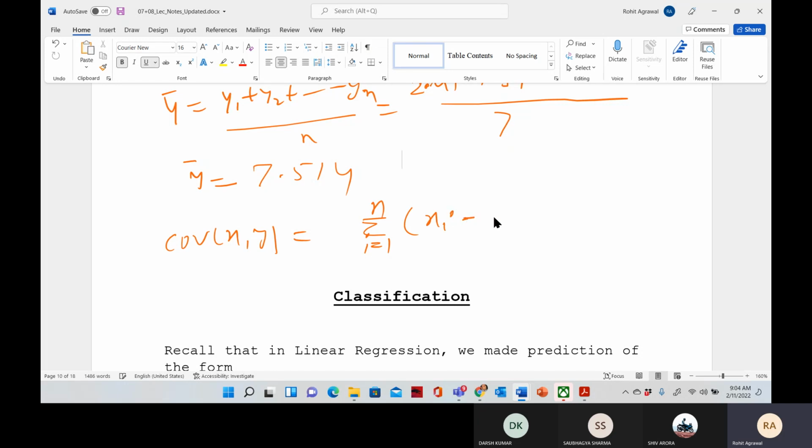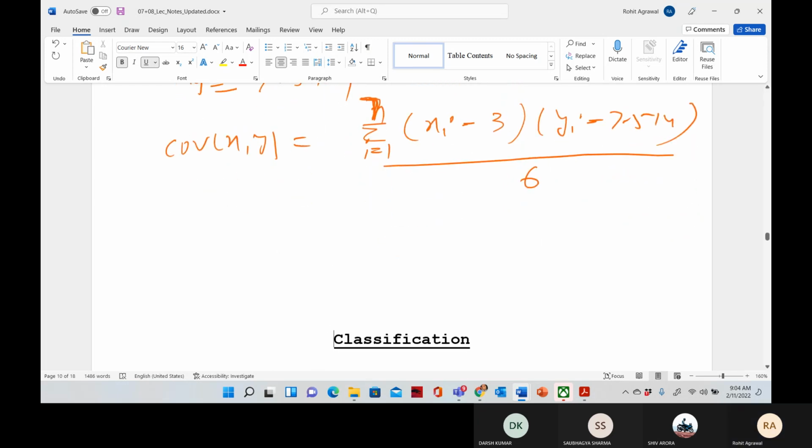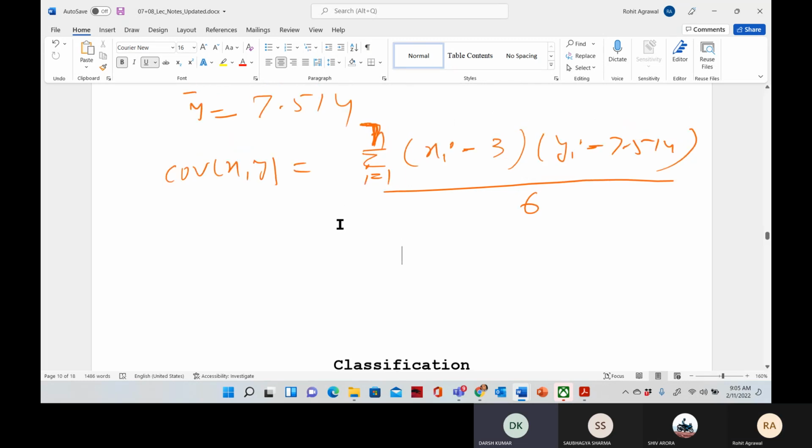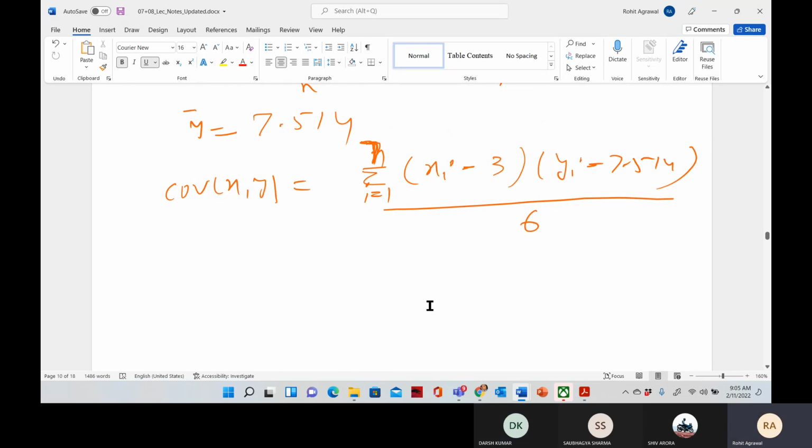Xi minus x bar, we already know it is 3, and yi minus y bar is 7.514, divided by n minus 1, that is 6. Sir, the value of x bar was 3, so the top will become 0 and the covariance too? Yes, there is no problem, you try it.